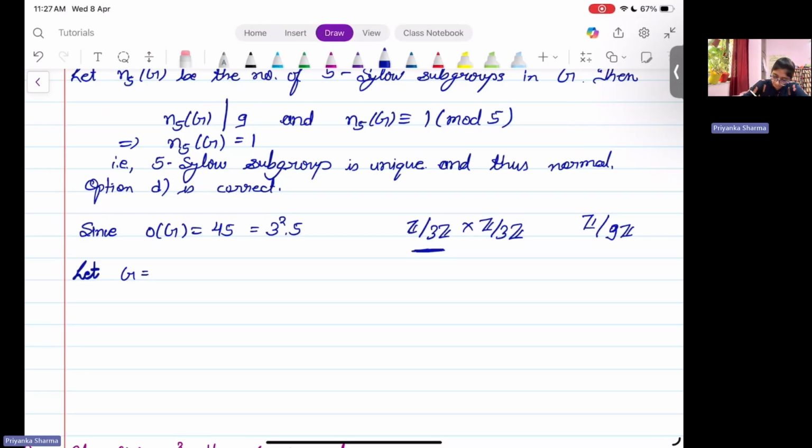So let's take this only. This is Z/3Z plus the remaining part, and that will be Z/15Z. Now, it can have a subgroup isomorphic to this, but it has no element of order 9.